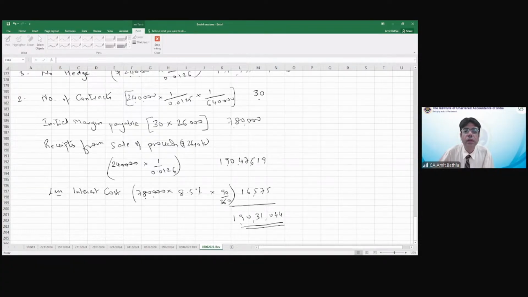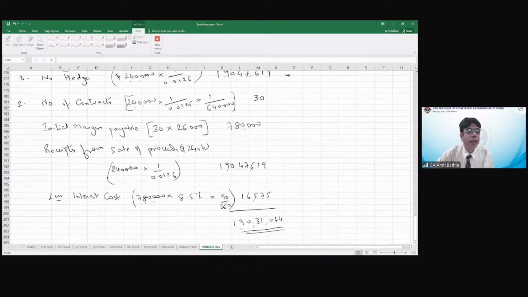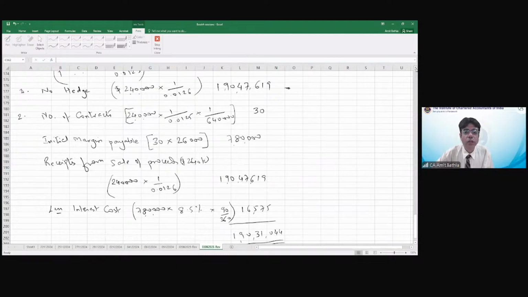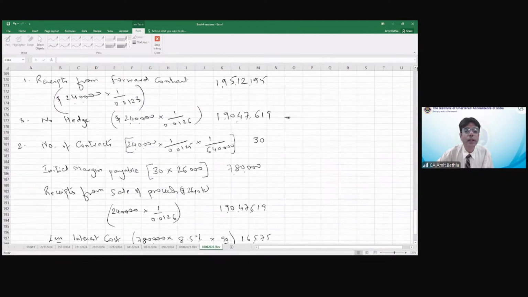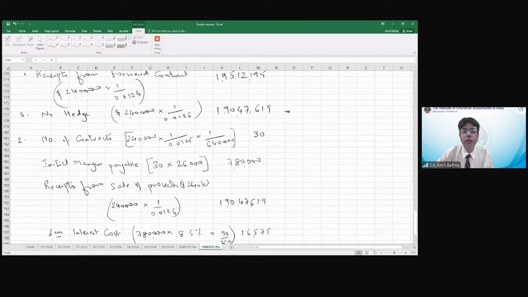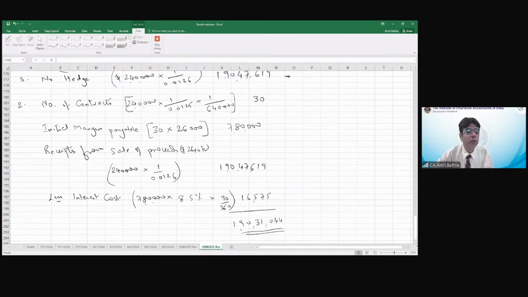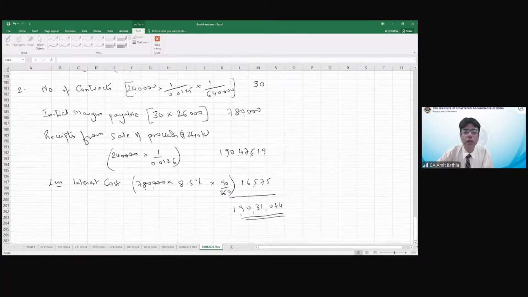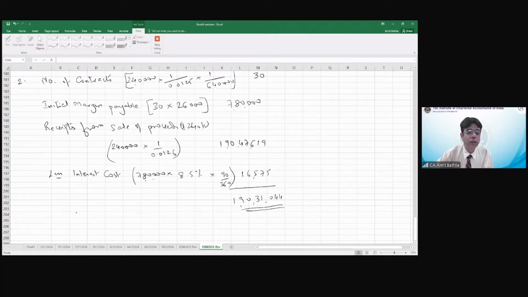So now we have 3 options available right in front of you. 190.31, which is the third option. Second option, third option was 190.47, no hedge. And then you had 195.19, which was from forward contract. So which is the most optimum option for you? Forward. Forward.